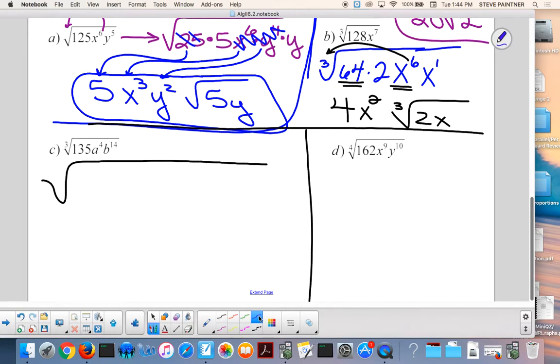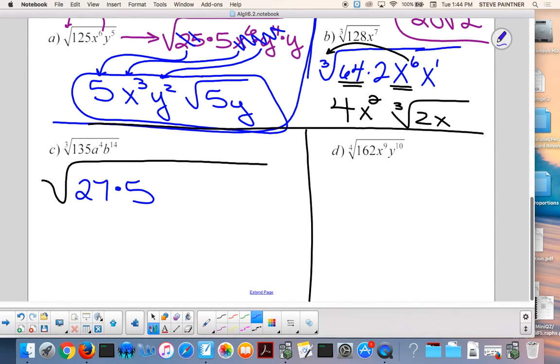Did you find it? Aaron, do you have a perfect cube? 27. 27 times what? 5. Okay, yeah, that was it. It was 27 we were looking for. It goes into 135 5 times.